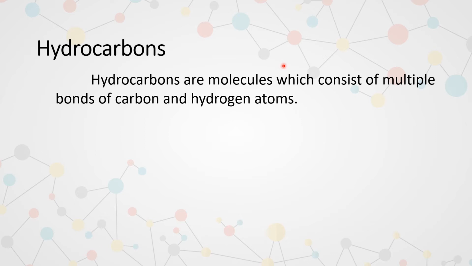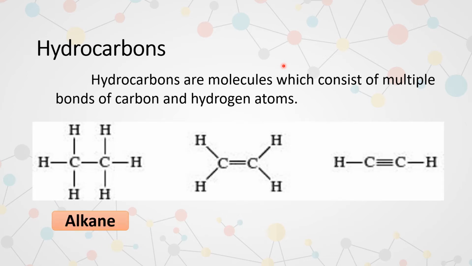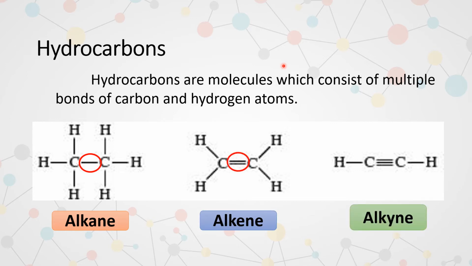There are 3 main subgroups of hydrocarbons. They are alkane, alkene, and alkyne. If you're going to notice, alkanes are those hydrocarbons that have single bonds only between carbons.